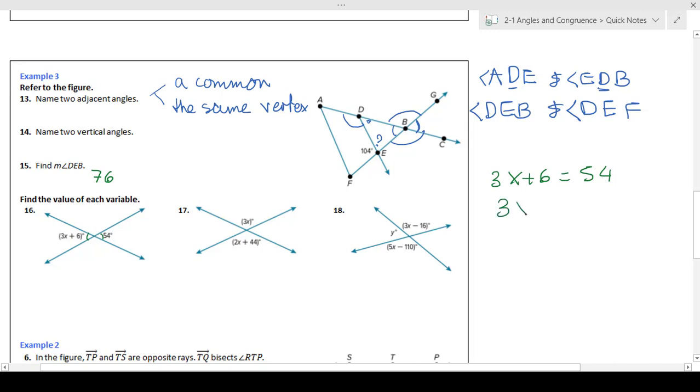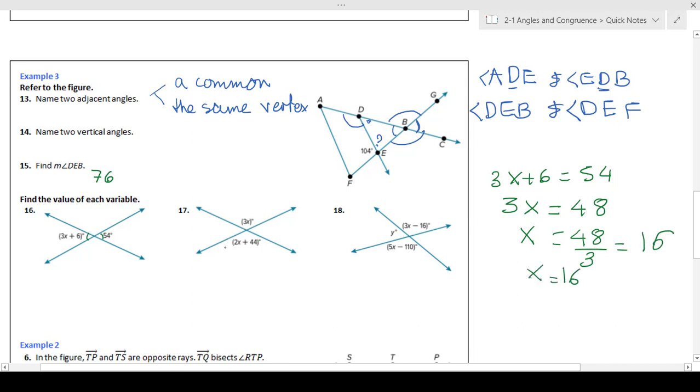I move the 6 to the other side with a negative sign, so 3x equals 54 minus 6, which will be 48. Simply, for x, I divide both sides by 3, which gives 48 over 3. Then my x is equal to 16.